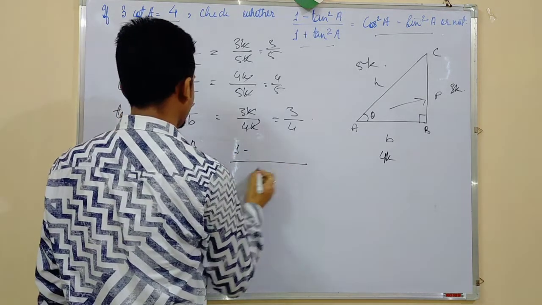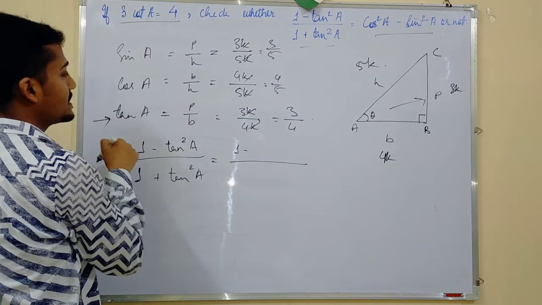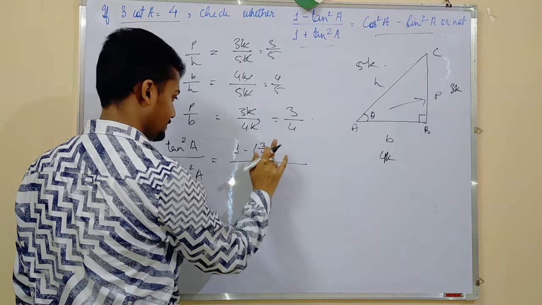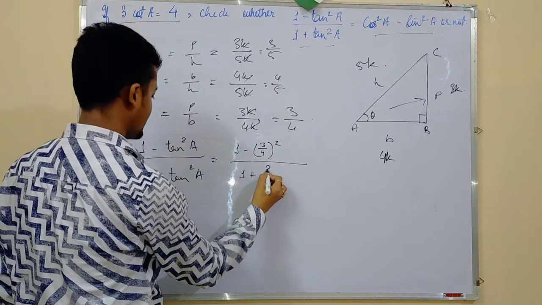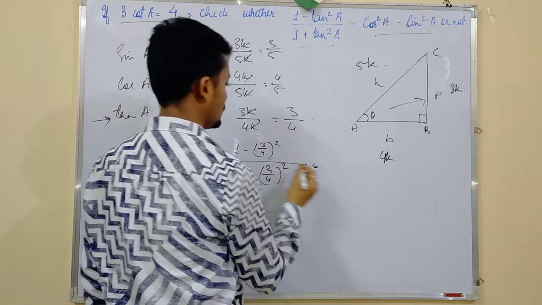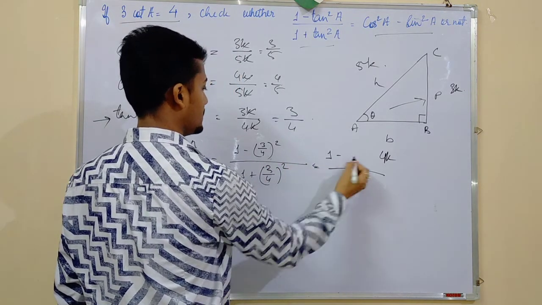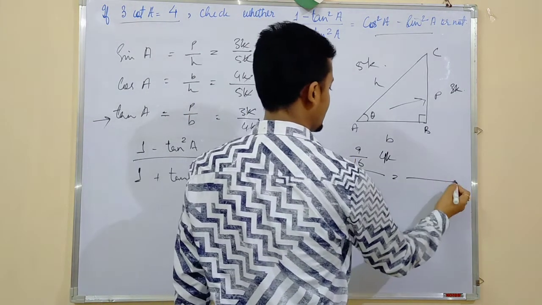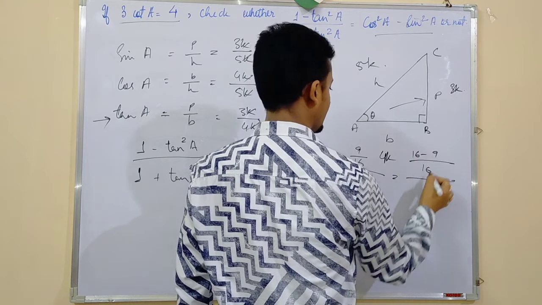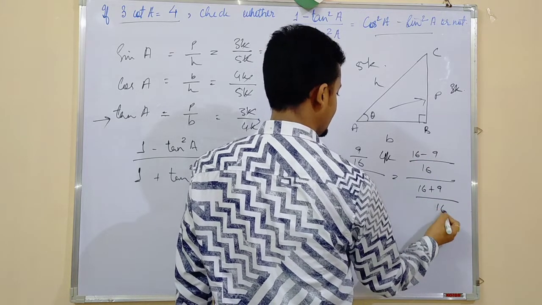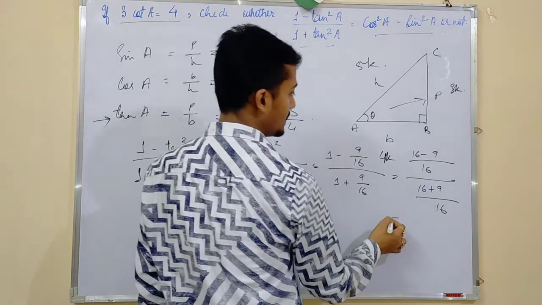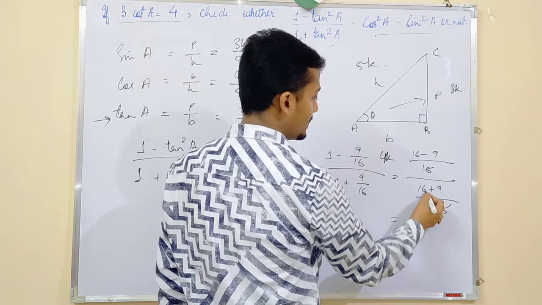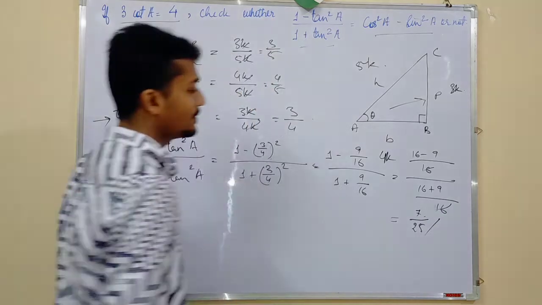Tan square A will be 3 by 4 whole square, and this will be (1 minus 9 by 16) by (1 plus 9 by 16), which is (16 minus 9) by (16 plus 9). So the 16s go, it will be 7 by 25. One side we have got.